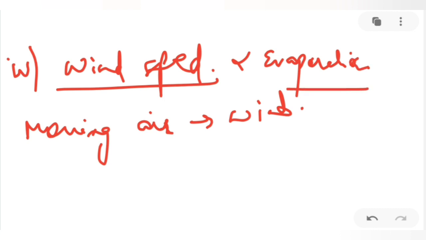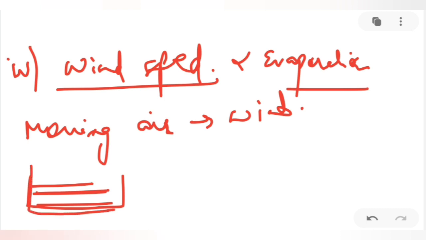See, suppose you have water in a container and the wind is blowing around the container. So what will happen? This air will try to take away the particles of water along with itself. So the evaporation will take place.